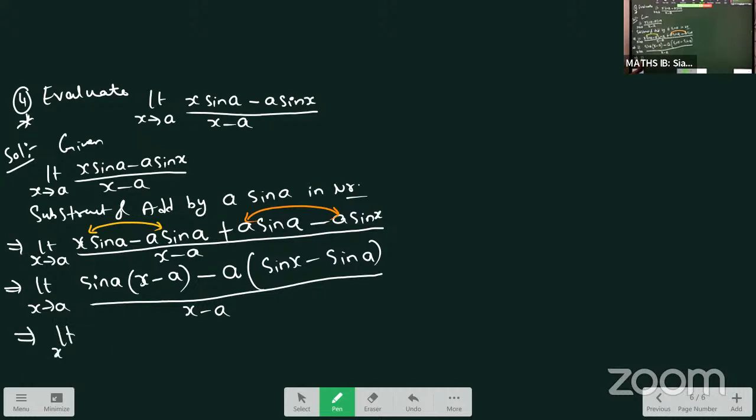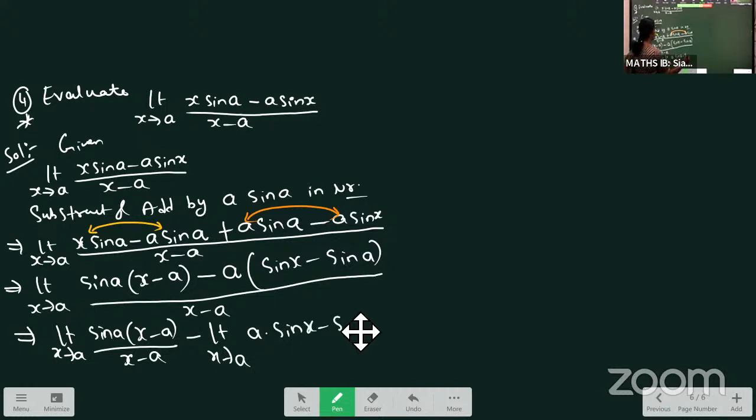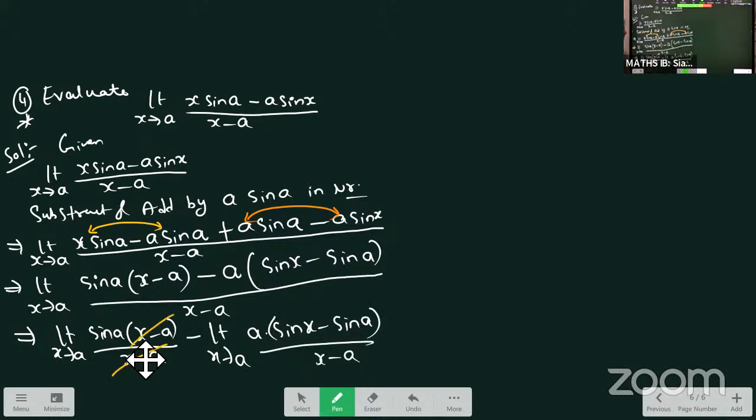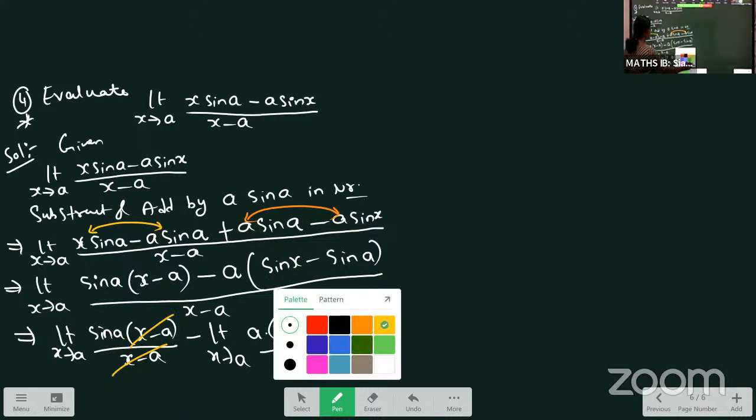So limit x tends to a, sin a into x minus a by x minus a, minus, writing limit separate, limit x tends to a into sin x minus sin a by x minus a. In the first term, x minus a gets cancelled.